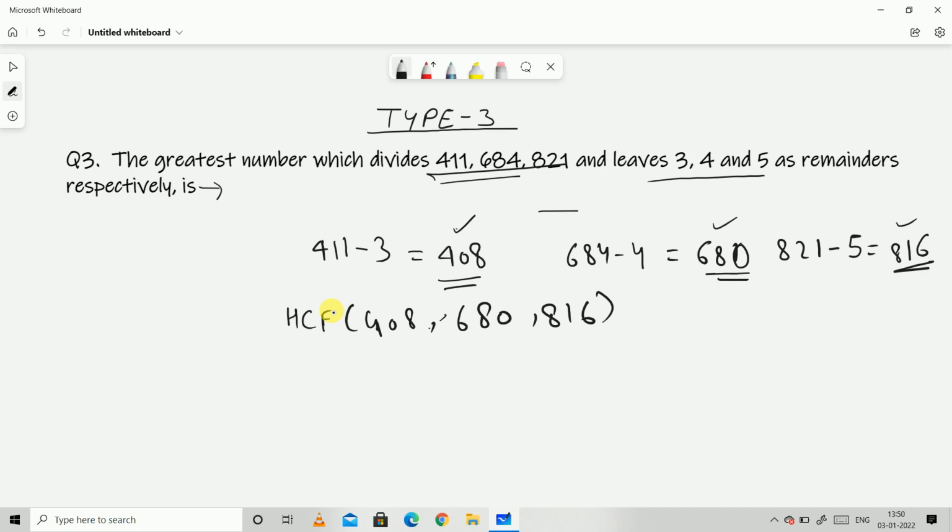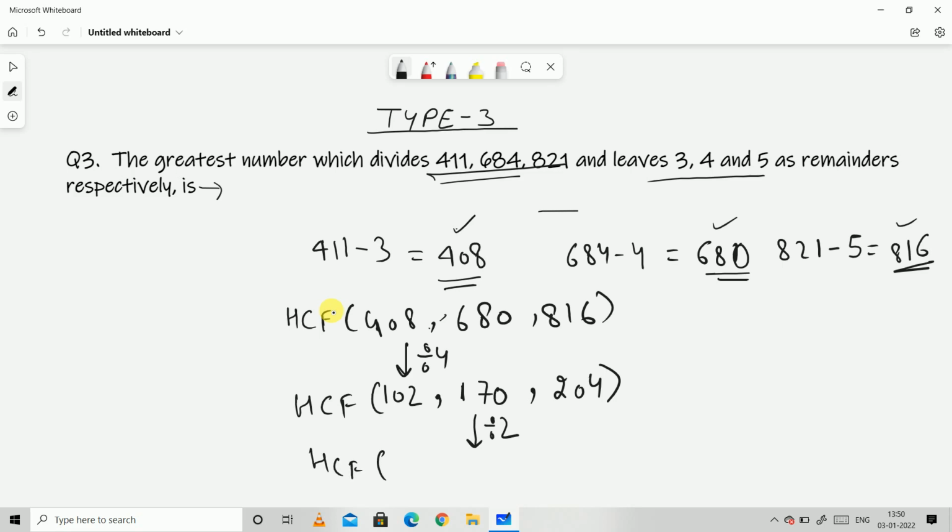Now as you can see, these all 3 are divisible by 4. So I'll just divide them by 4 and reduce. Here I'll get 102, 170 and 204. Now I can divide these by 2 as all of these are even numbers.